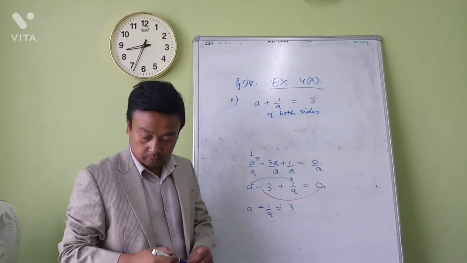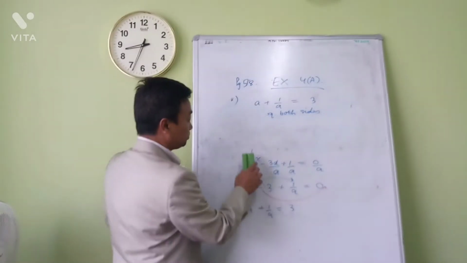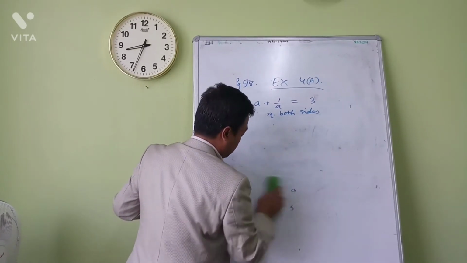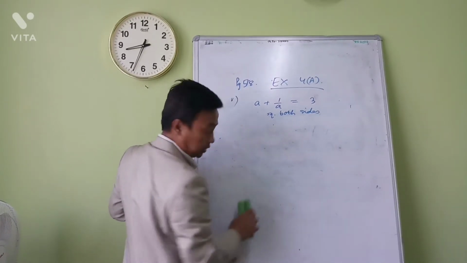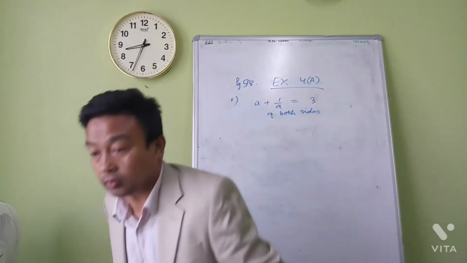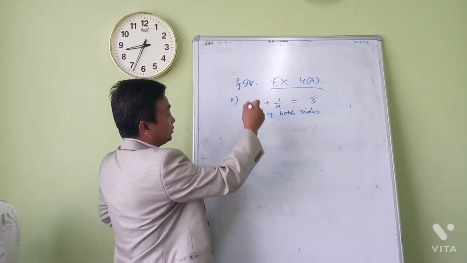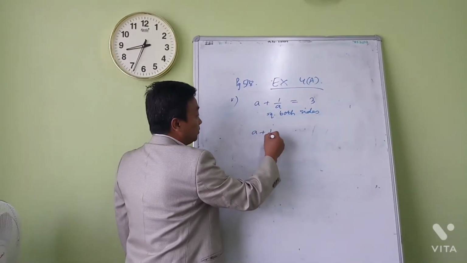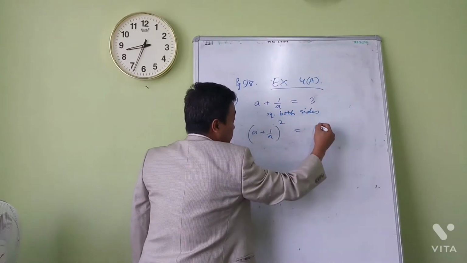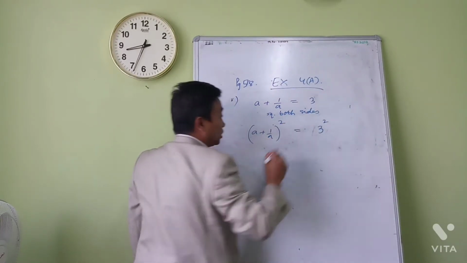So when you square both the sides, let us take that a plus 1 by a, put in the bracket and square it. Then you go to this side, 3, you also have to square it.